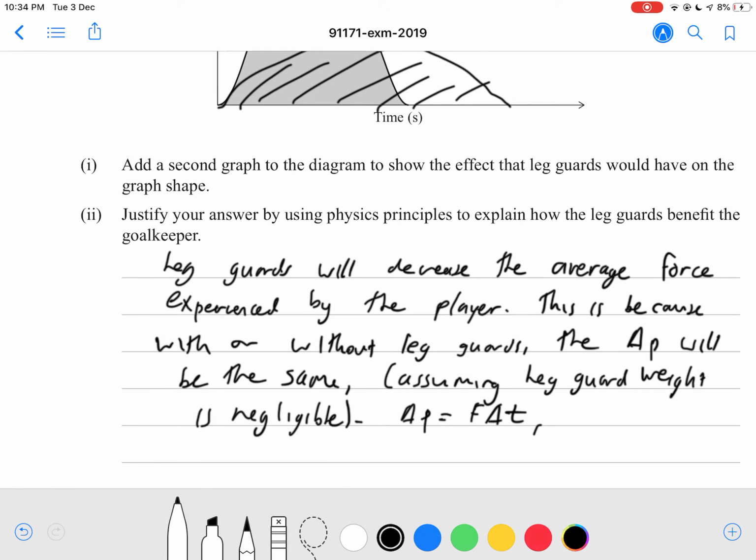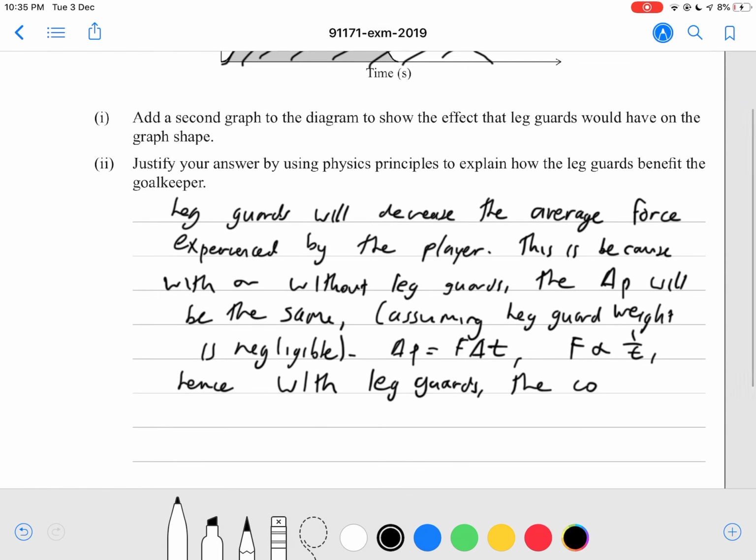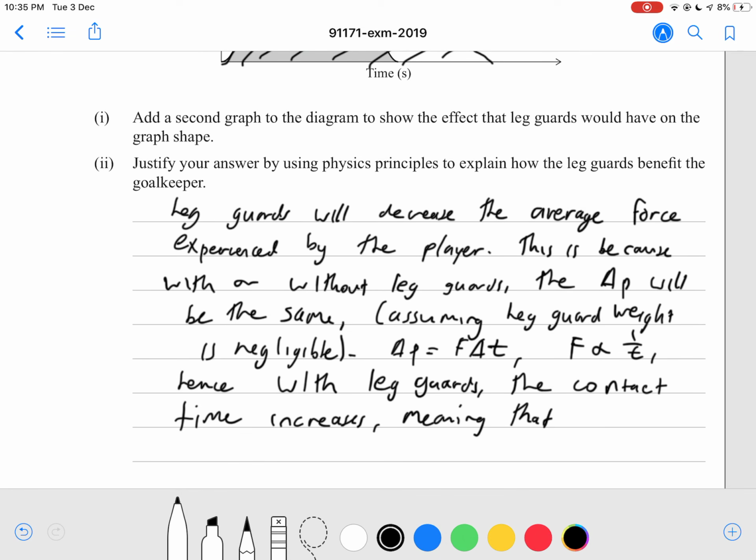Our P stays the same, so F is inversely proportional to T. Hence with leg guards, the contact time increases, meaning that the average force must decrease.